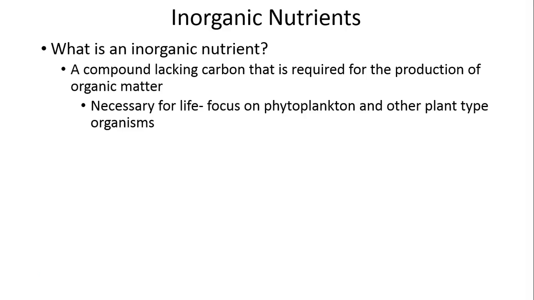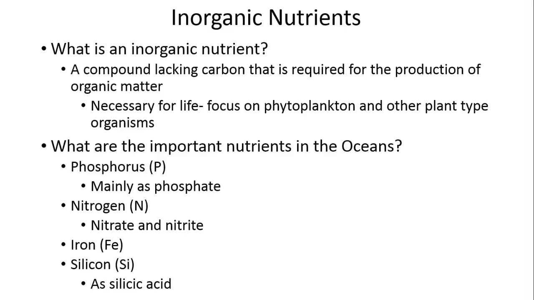And so for the inorganic nutrients discussion, we're going to focus on phytoplankton and other plant-like organisms, okay, and what nutrients they need. So the important nutrients in the ocean, particularly for phytoplankton and other photosynthesizers, are phosphorus, nitrogen, iron, and silicon. So phosphorus is mainly as phosphate, nitrogen is mainly in the form of nitrate and nitrite, and then silicon is mainly in the form of silicic acid.